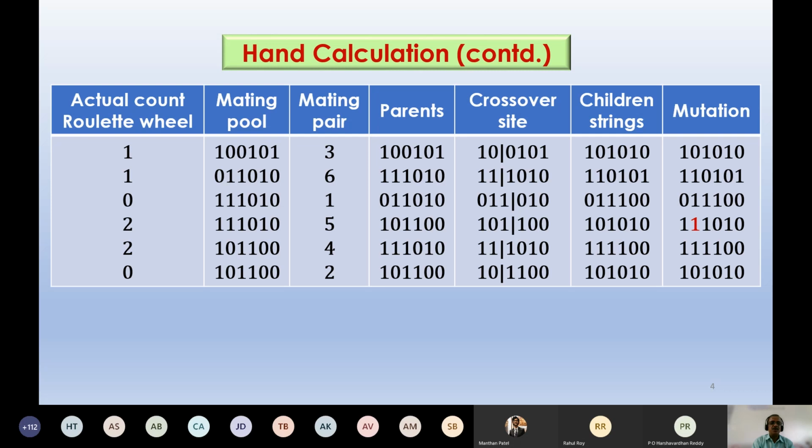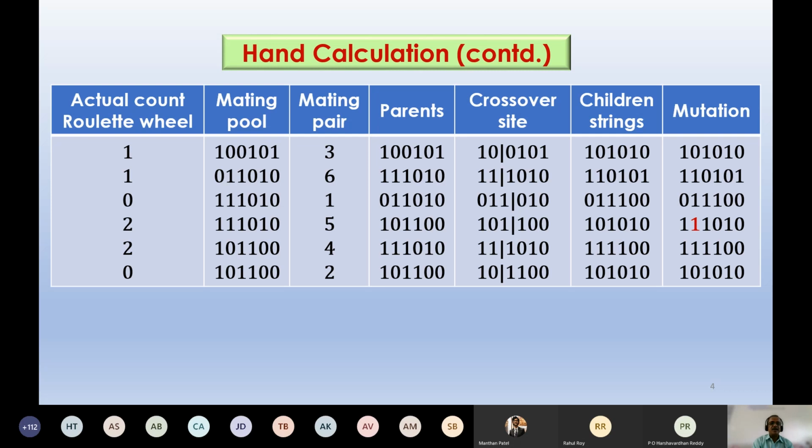And I'm just going to show you the mating pool. The second string will be copied only once. The third string will not be copied at all. The fourth string is going to be copied twice. The fifth string is going to be copied twice. And the sixth one is not copied.